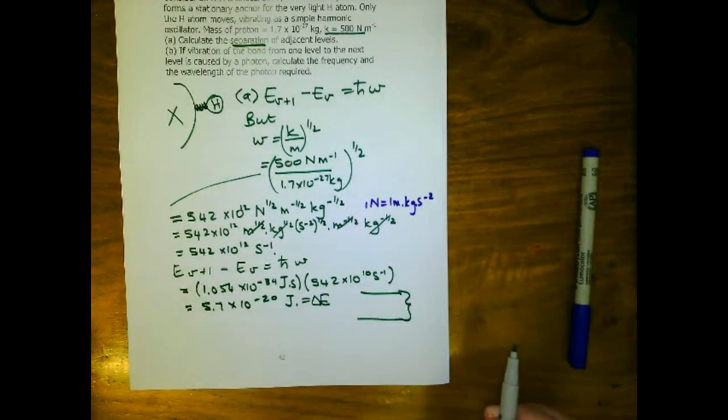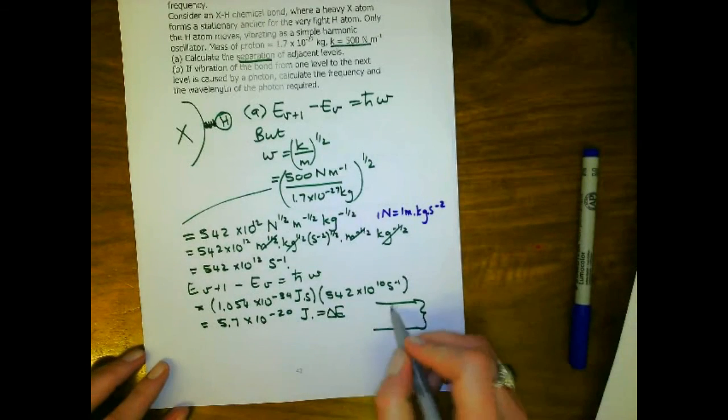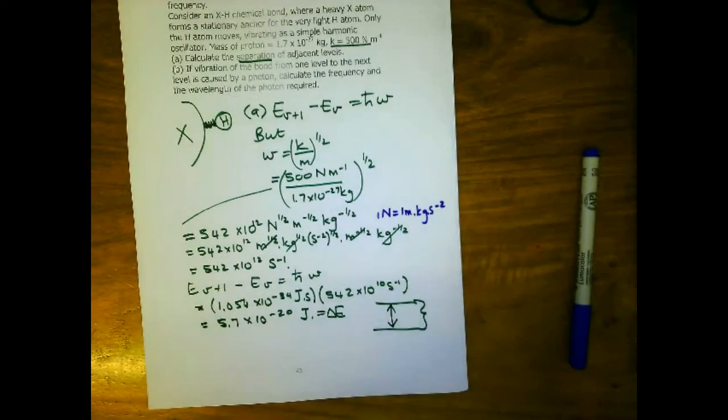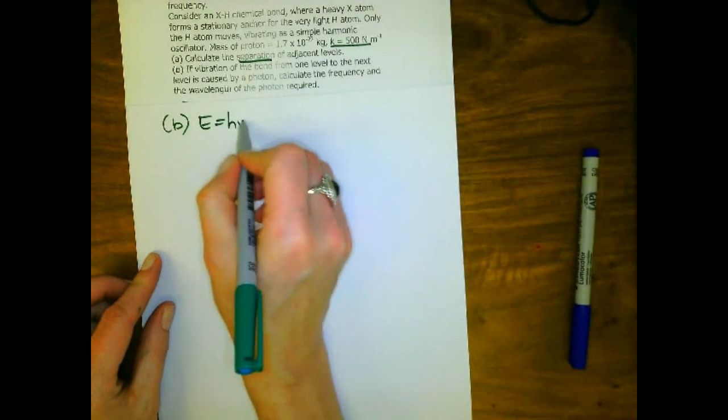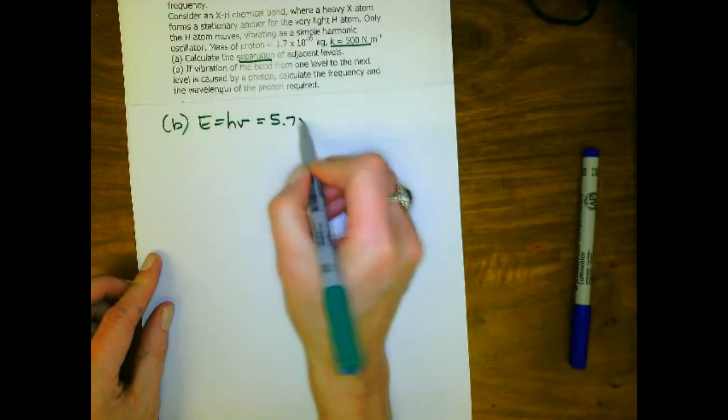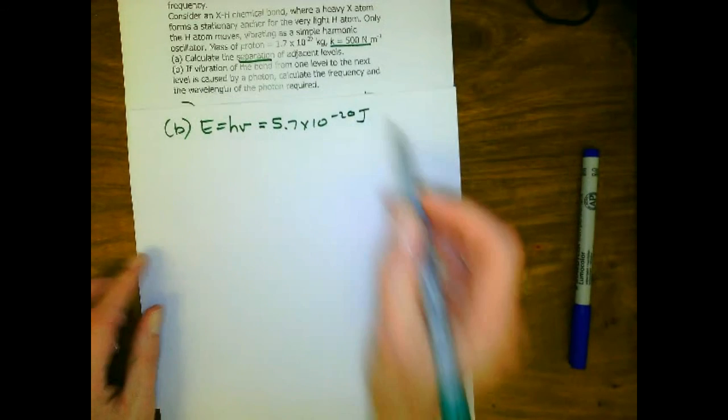Okay, and the second part of the question says if vibration of the bond from one level to the next is caused by a photon, what is the frequency and the wavelength of the photon required? Let's look at the B part of the question. Well, we know that the energy of the photon should correspond to this delta E. So the energy of the photon is equal to h nu, which is equal to 5.7 times 10 to the minus 20 joule.